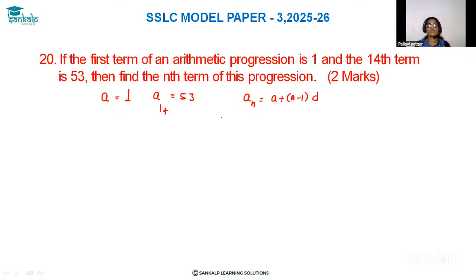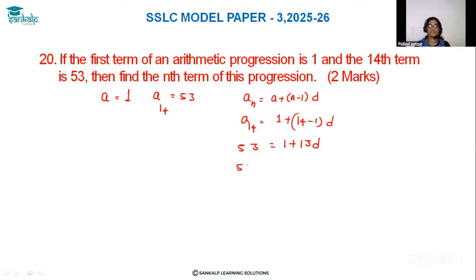So we need to find the common difference d. So calculate the common difference. Here a14 is equal to 1 plus (14 minus 1) into d. So here the 14th term is 53, which is equal to 1 plus 13d.